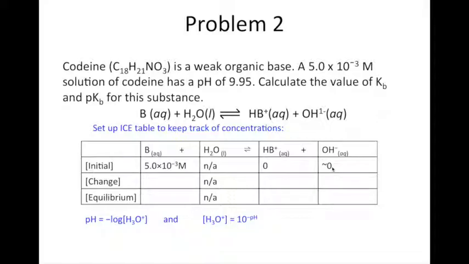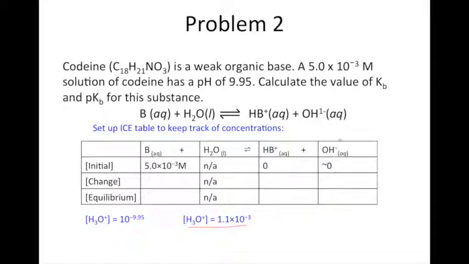So now let's figure out our concentration of hydroxide. We can do that using our pH. That's very important. We know that the pH is equal to the negative log of hydronium, and the hydronium can be calculated as 10 to the negative pH. So I can use that to calculate my hydronium ion concentration.